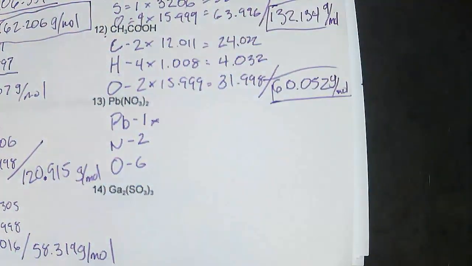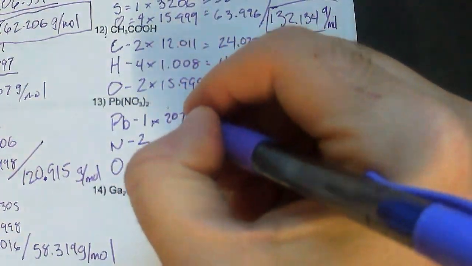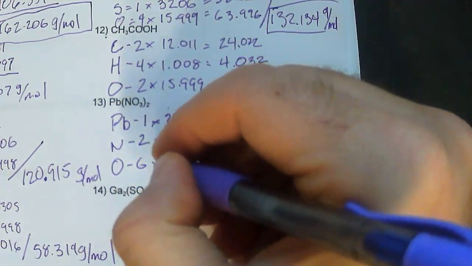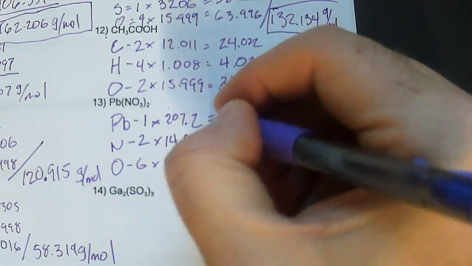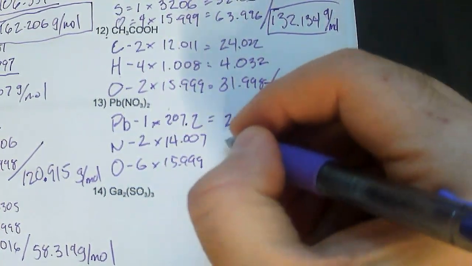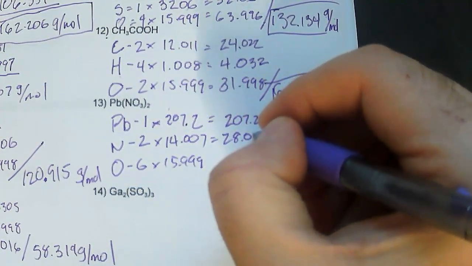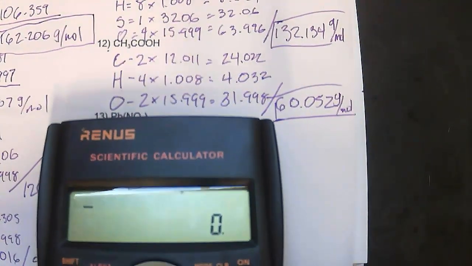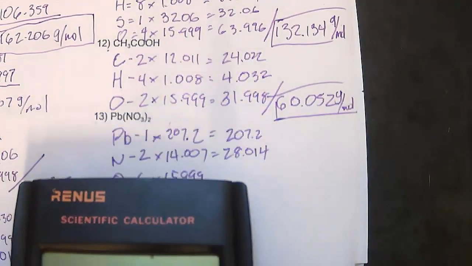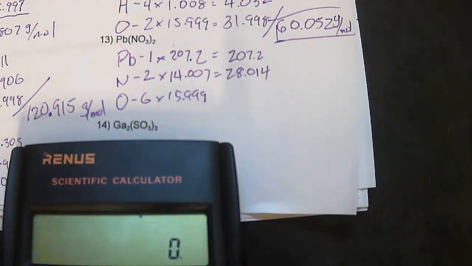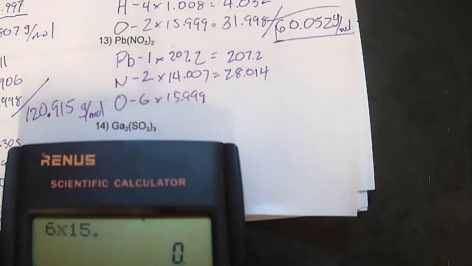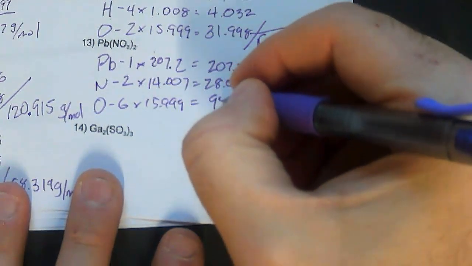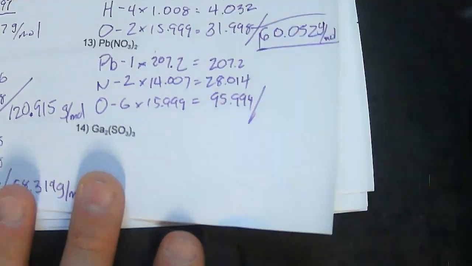So, lead, we look at our periodic table, 207.2, N is 14.007, O is 15.999, so that's 207.2, 28.014, and then make sure I have this right here. 6 times 15.999. 95.994. So we add those up.